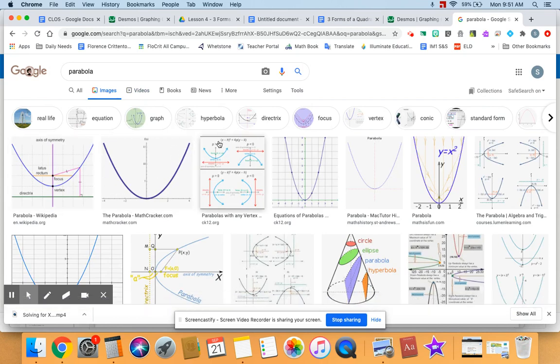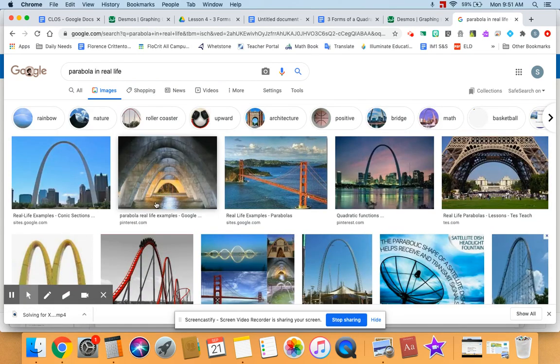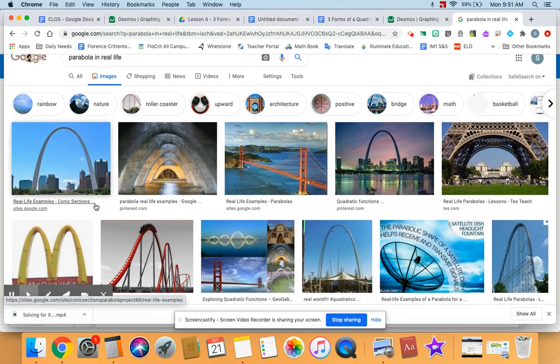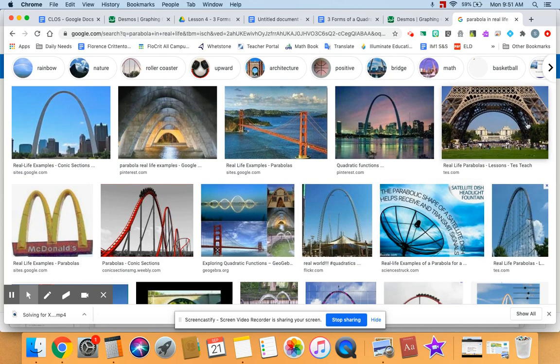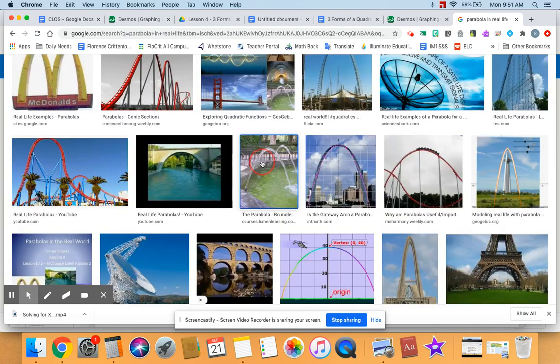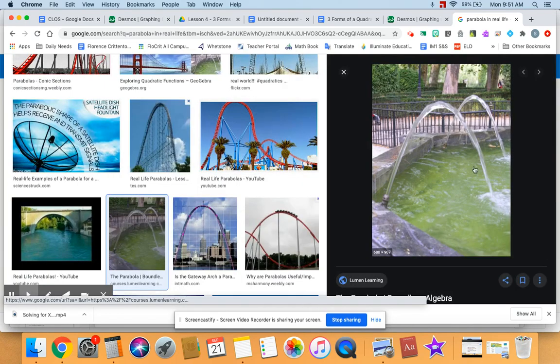Parabola is kind of like a U shape. Other things in real life that make that shape, there's tons of them. See, there's arcs. Because you can flip them upside down and they make like ends. They're still parabolas. So arcs are roller coasters. In structures like water fountains, when water comes out of a water fountain, it makes the parabola shape.